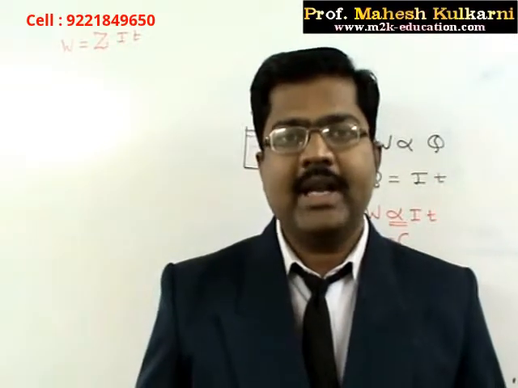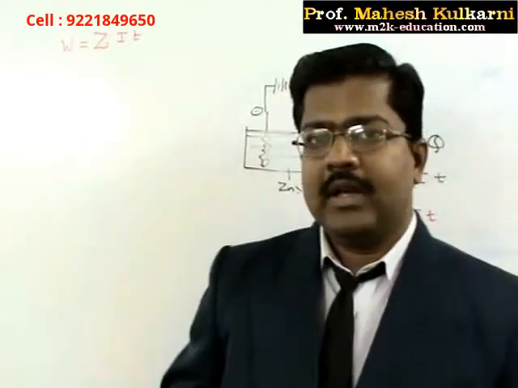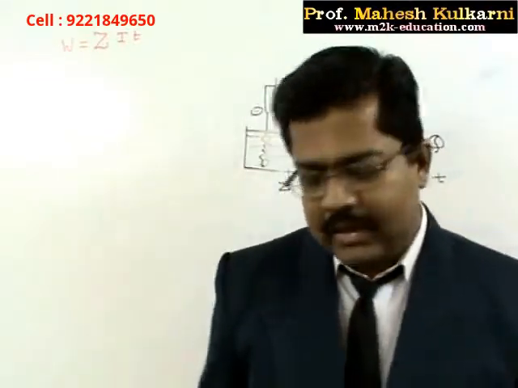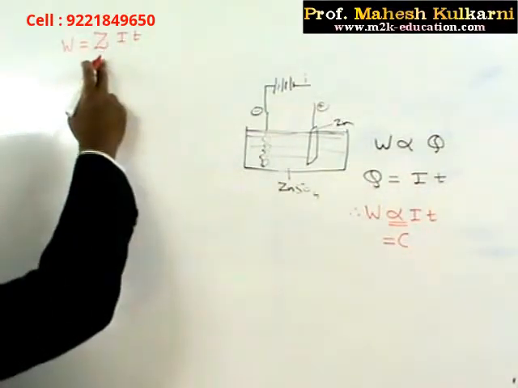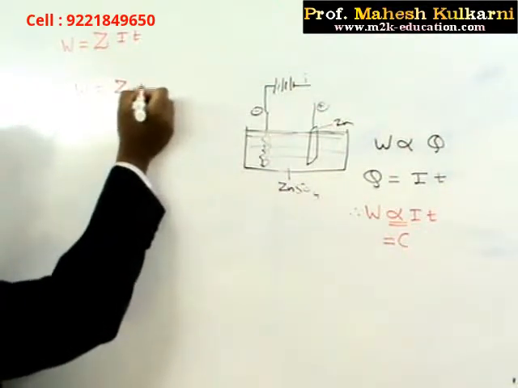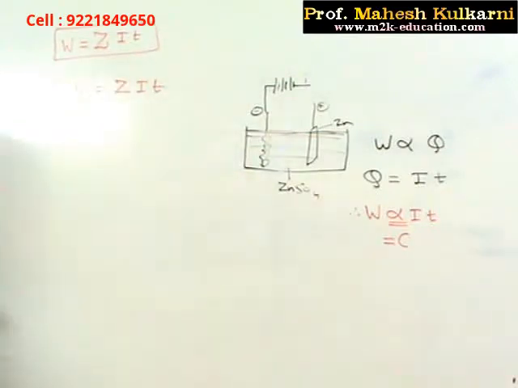So this is Z. Can we determine the value of Z? Answer is yes. We can determine the value of Z very easily. This is different for different metals. So the equation W equals ZIT is called Faraday's first law.